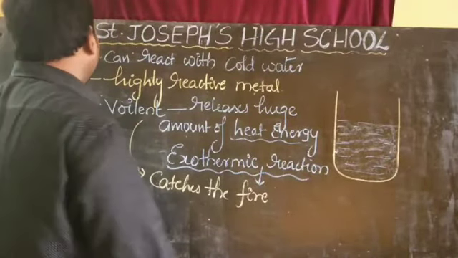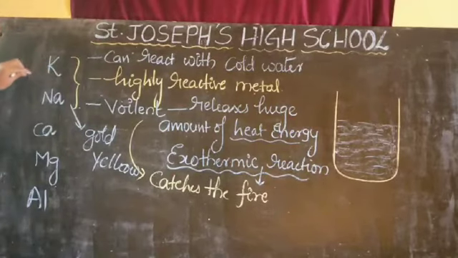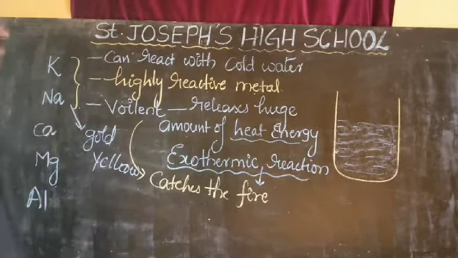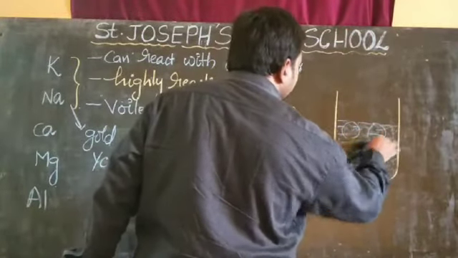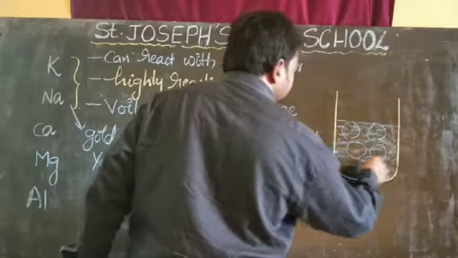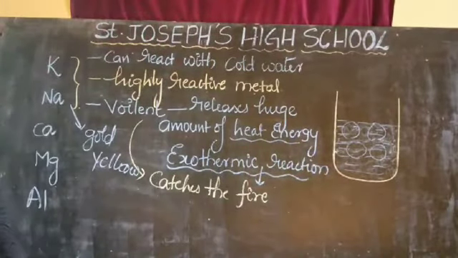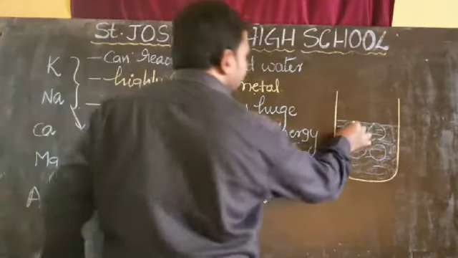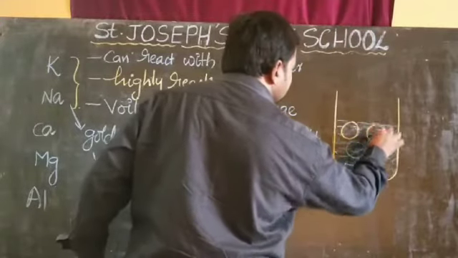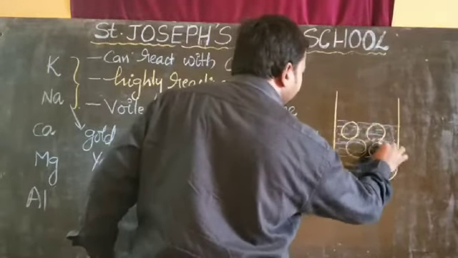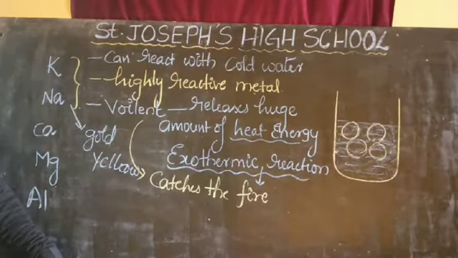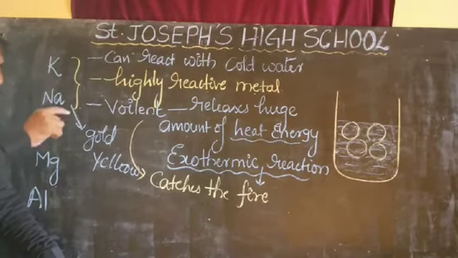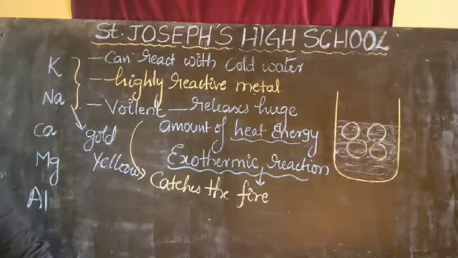And add either potassium or sodium metal in this water. Drop some metal pieces in this water. Once they drop, what are you expecting? Will the metals sink or will the metals float?